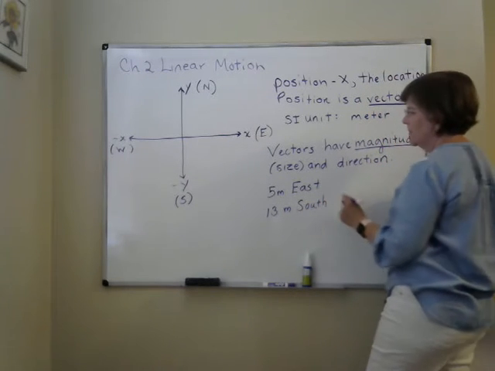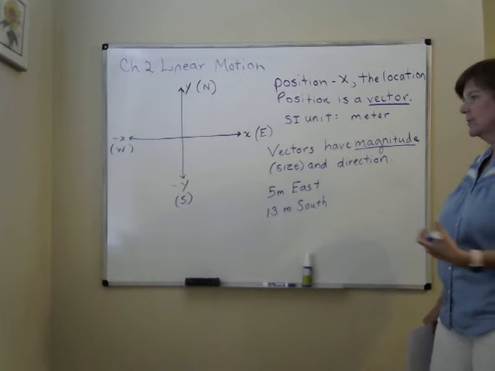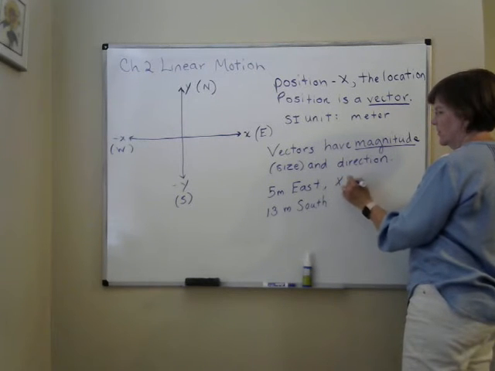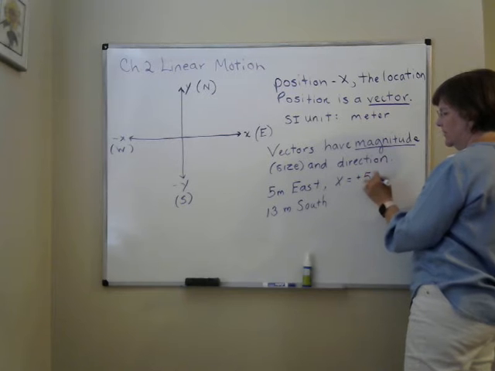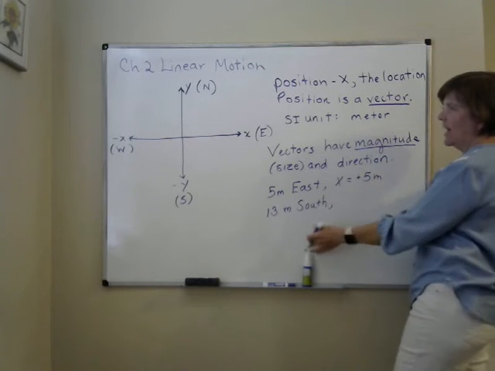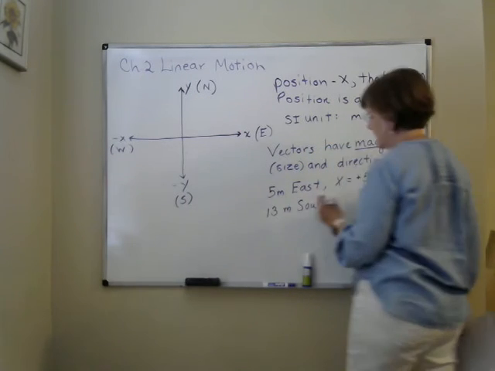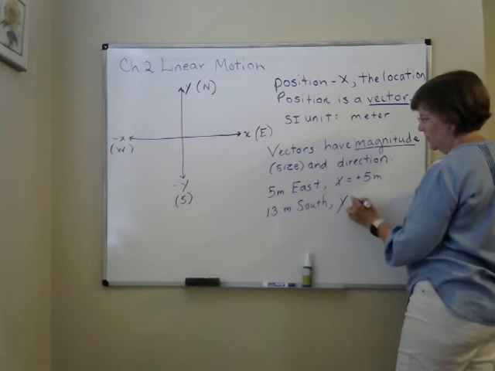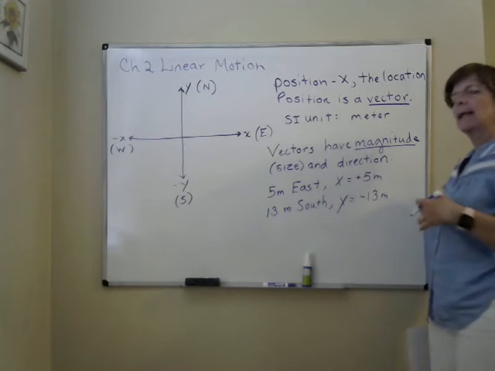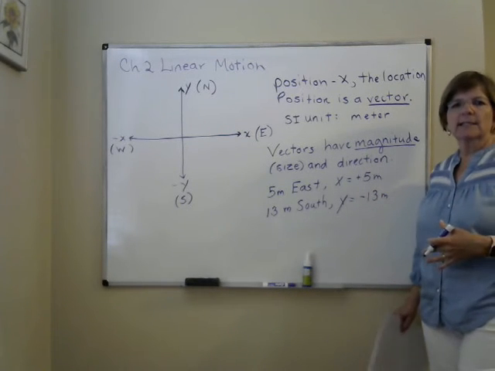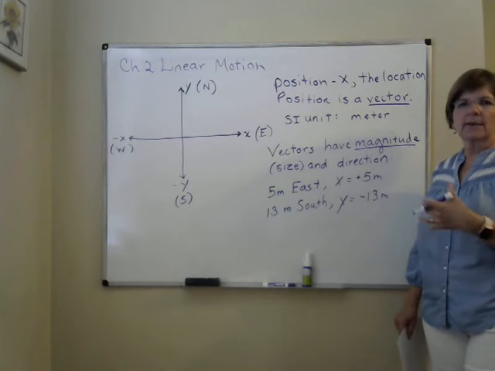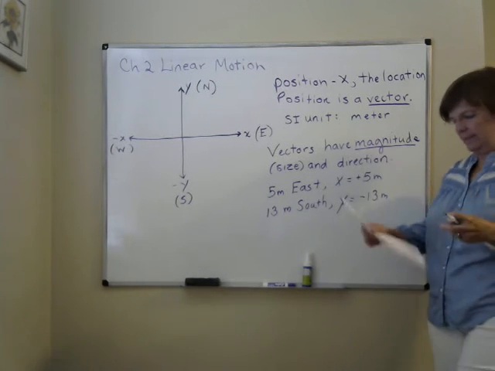A lot of times when we do that, we will actually use positive and negative signs. In this case, his position would be positive 5 meters. And in this case, his position, notice I said south, so that's actually on the y-axis. His position would be negative 13 meters. So we can use positive and negative signs to indicate direction, as well as using words like north, south, east, west, left, right.